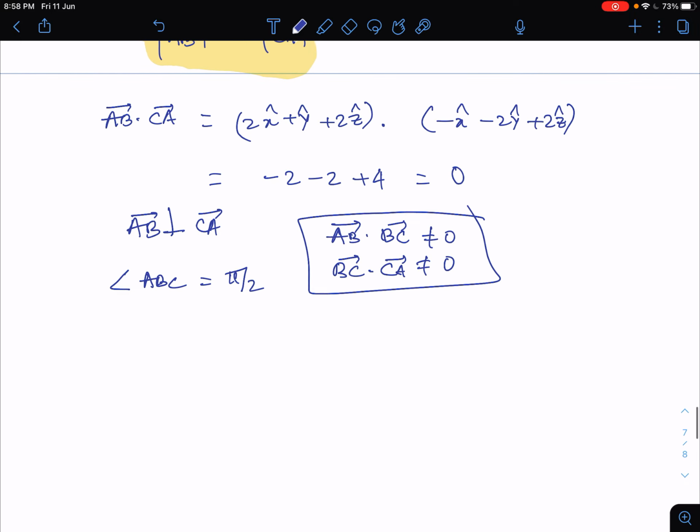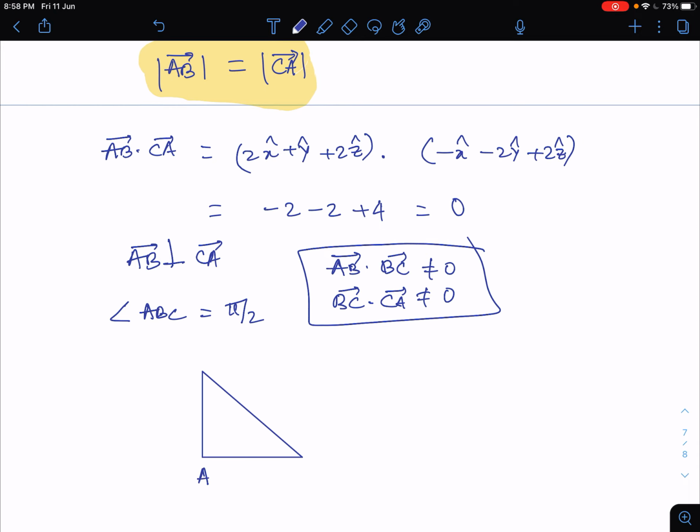So you have the triangle like this. This is A, B and C, and you know that the length of AB is same as the length of AC, and AB and AC are perpendicular, which is evident from this diagram.